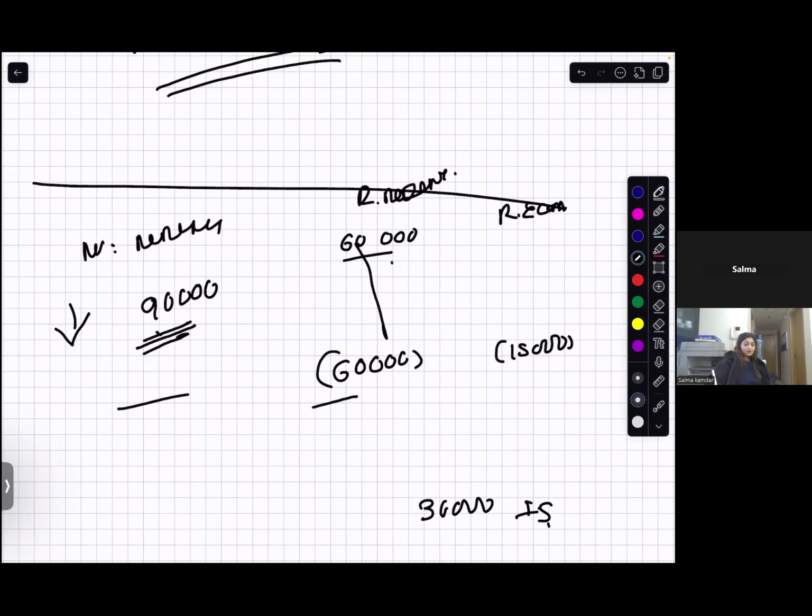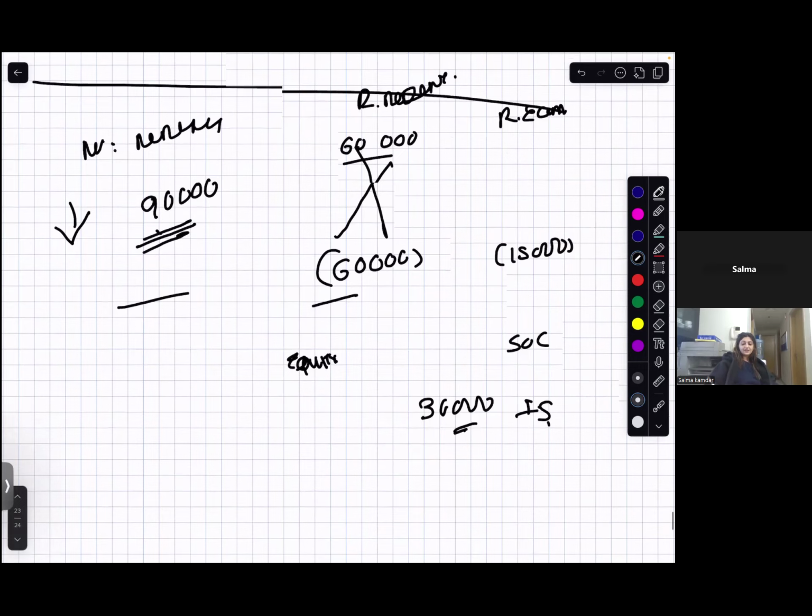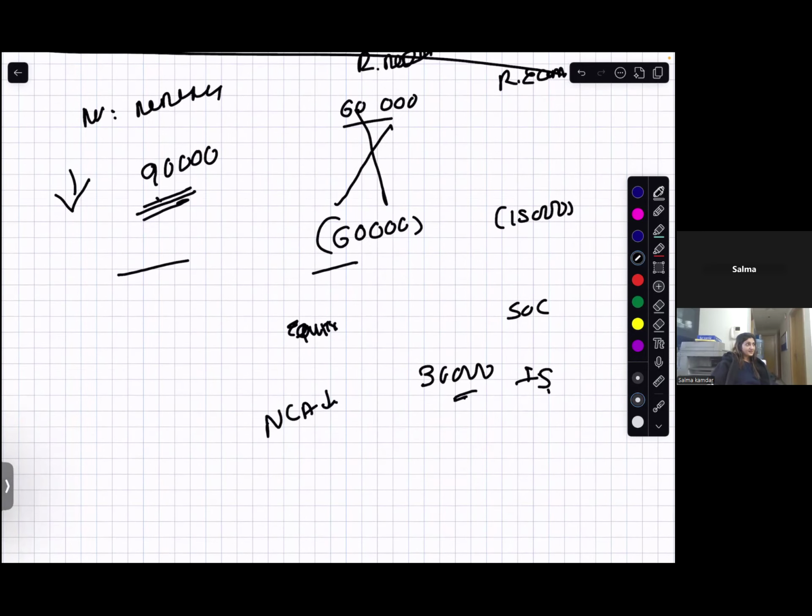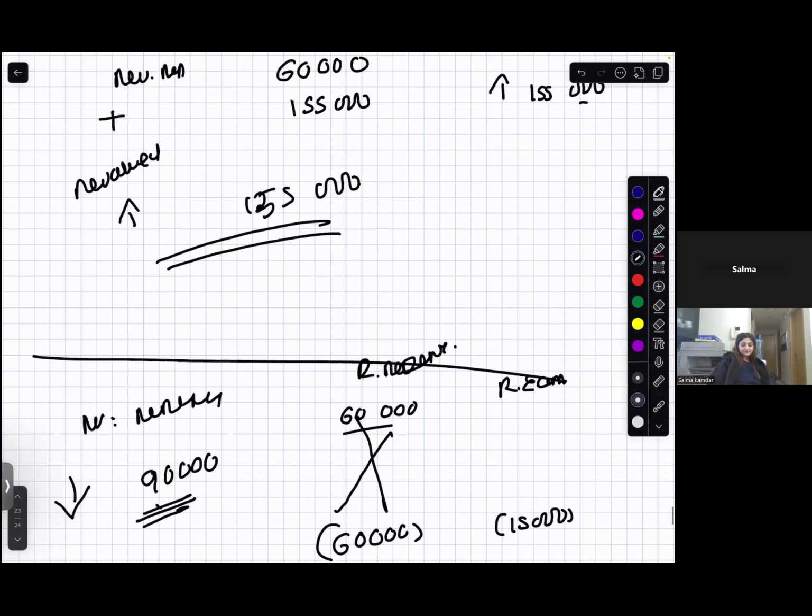No. In the income statement, nothing will go. You remove it from your revaluation reserves and from your retained earnings. This 30,000 would be a part of your SOCE, or a part of your equity and liabilities. And the second effect of it is your non-current asset reduces. I hope you're with me.